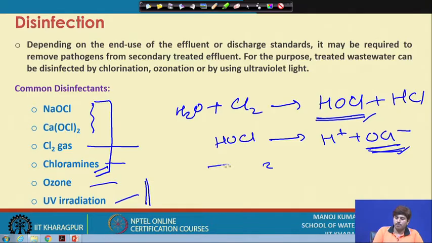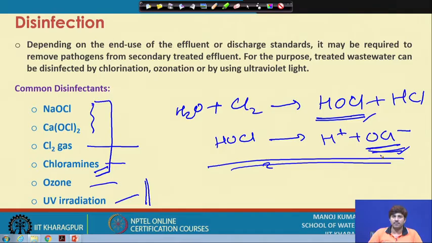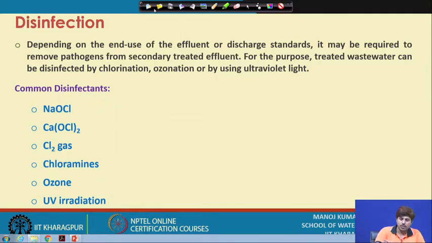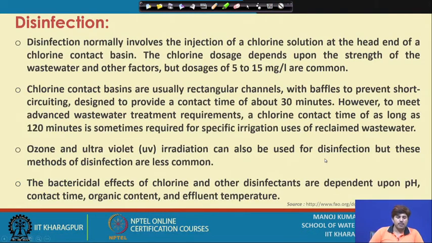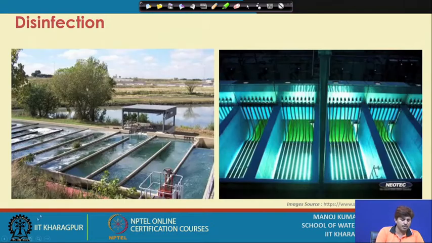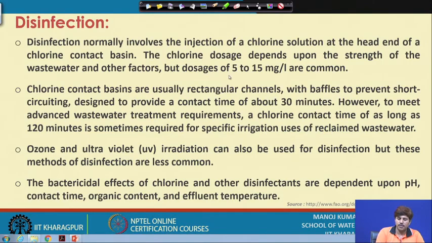Otherwise chlorine is quite effective and most popular undoubtedly for disinfection purposes. Disinfection normally involves the injection of chlorine solution at the head of the chlorine contact basin. The doses will depend upon the strength of the wastewater and other factors, but 5 to 15 milligram per liter doses are usually normal.